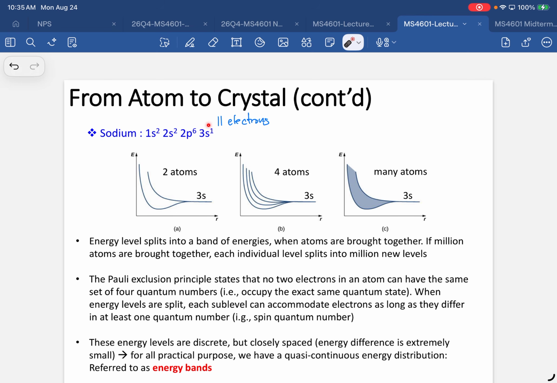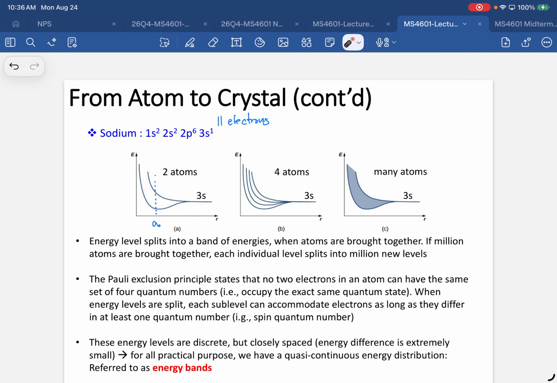If we bring two atoms close to each other, when they are far away it is just a single energy level. But when we bring two atoms close together, the energy splits, and there will be some equilibrium position.